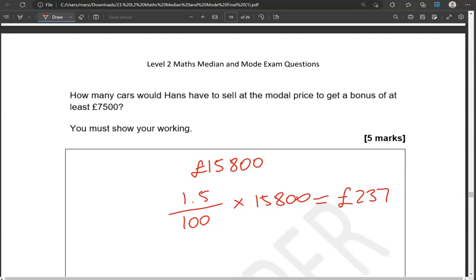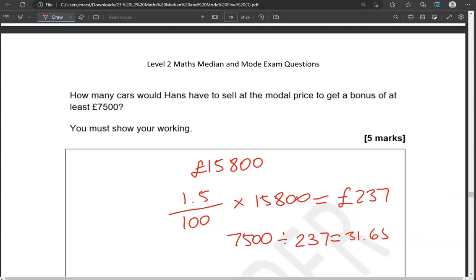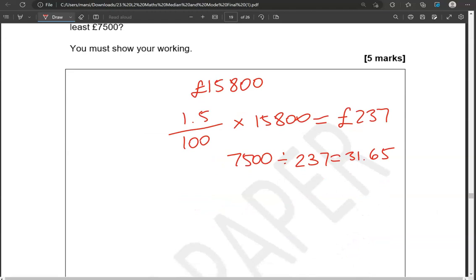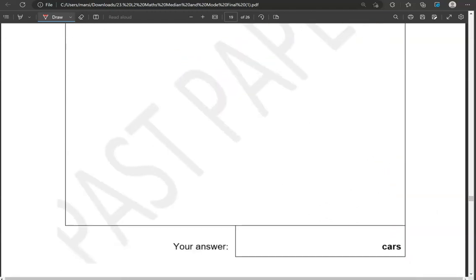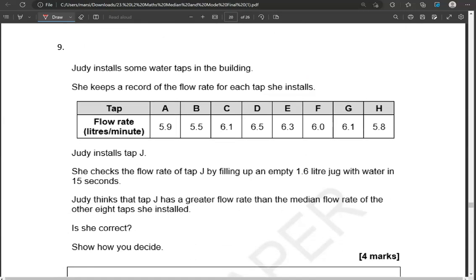To work out how many cars you'd need to sell to get 7,500 as a bonus, we're going to do 7,500 divided by 237, which is 31.65. So he's going to need to sell 32 cars. You have to round up all the time in questions like these.